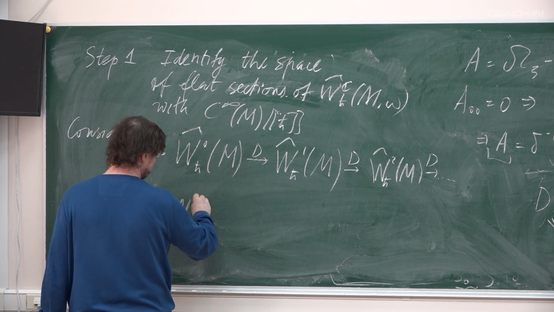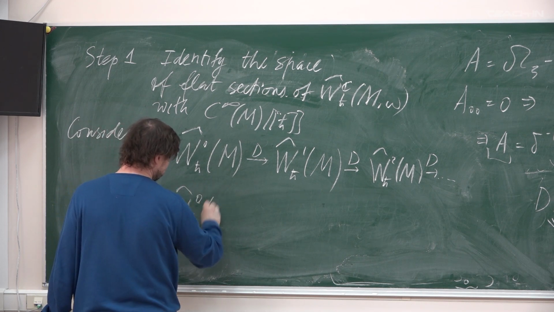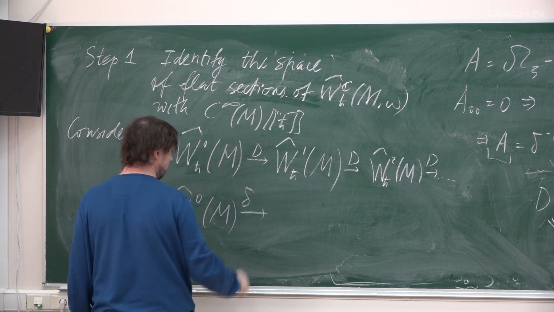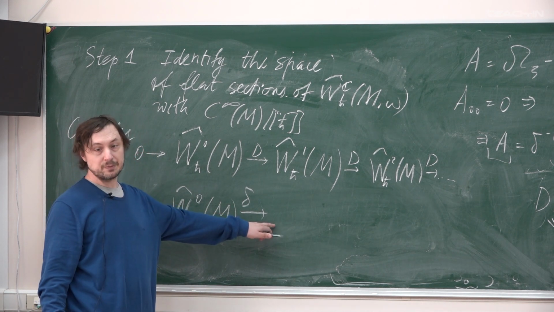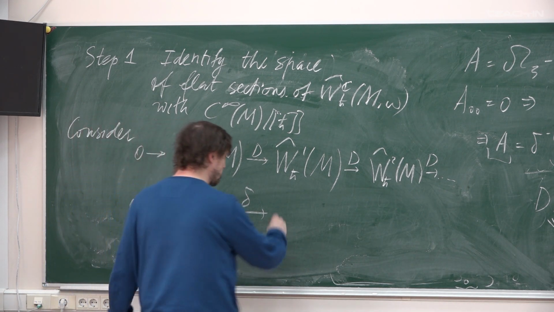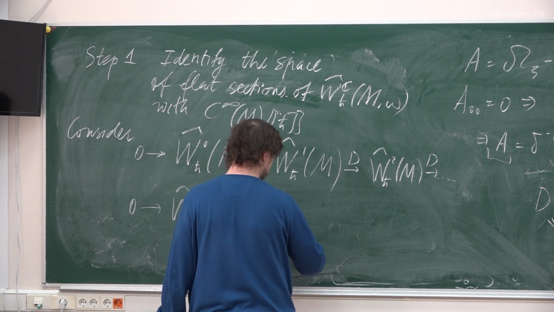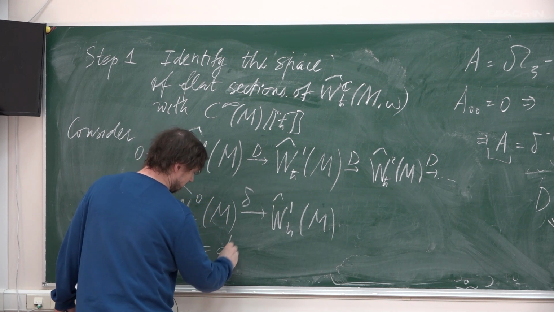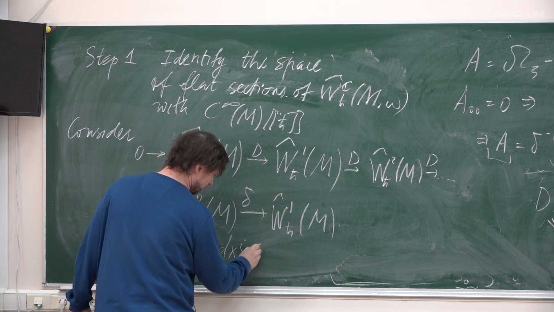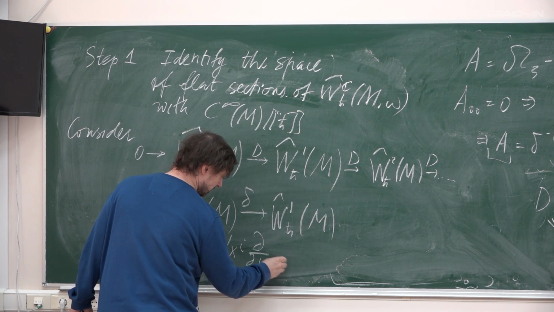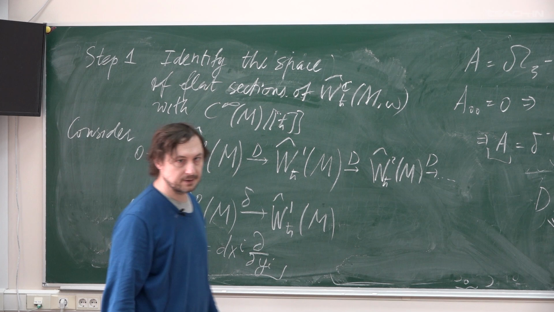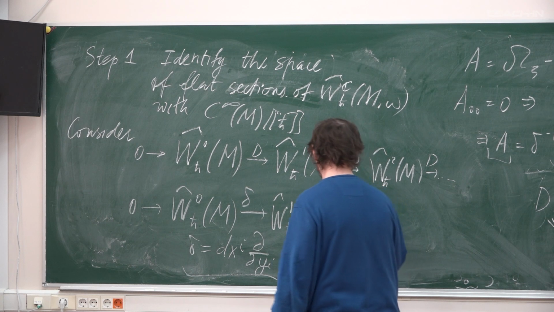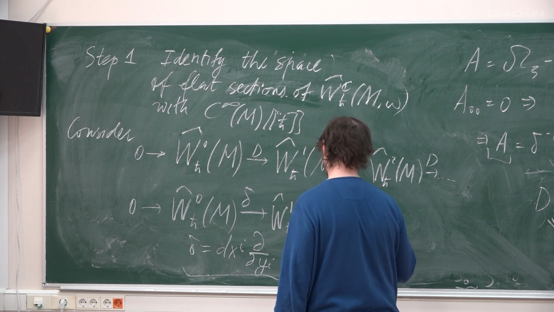Namely, we have the differential delta, which also sends all the elements here to the elements in W1 in one forms. Because as you remember, this differential delta looks as this formal sum in local coordinates, right? So it always sends the sections of the Weyl bundle to the differential one forms with coefficients in Weyl bundle.